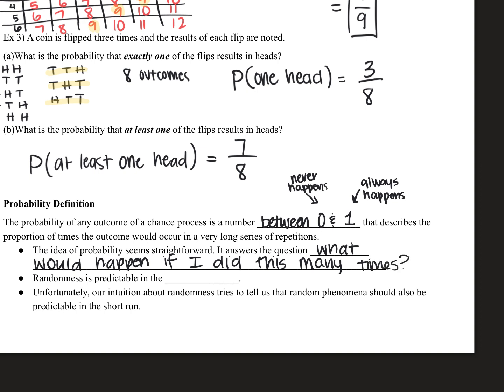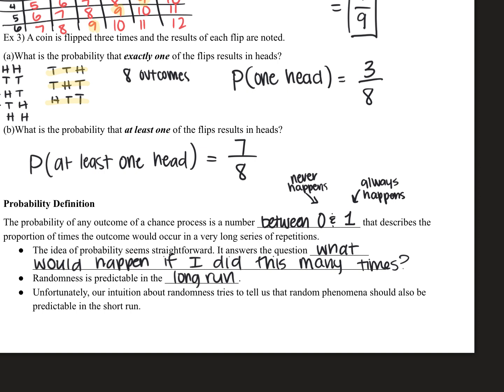So randomness is predictable in the long run. All of these probabilities we have, someone did hundreds of trials to figure out that in the long run, the probability of flipping a coin that is evenly weighted is 50 out of 50.